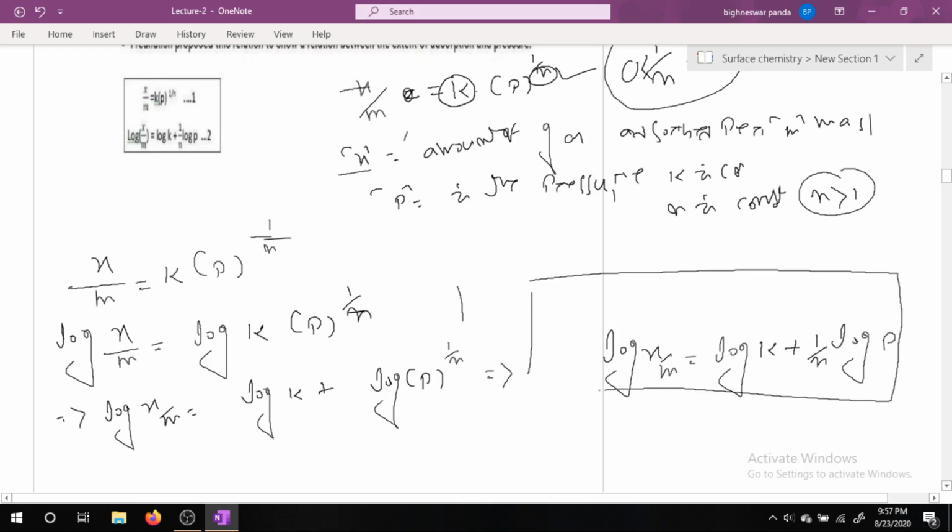This is the simplified relation for Freundlich adsorption isotherm.